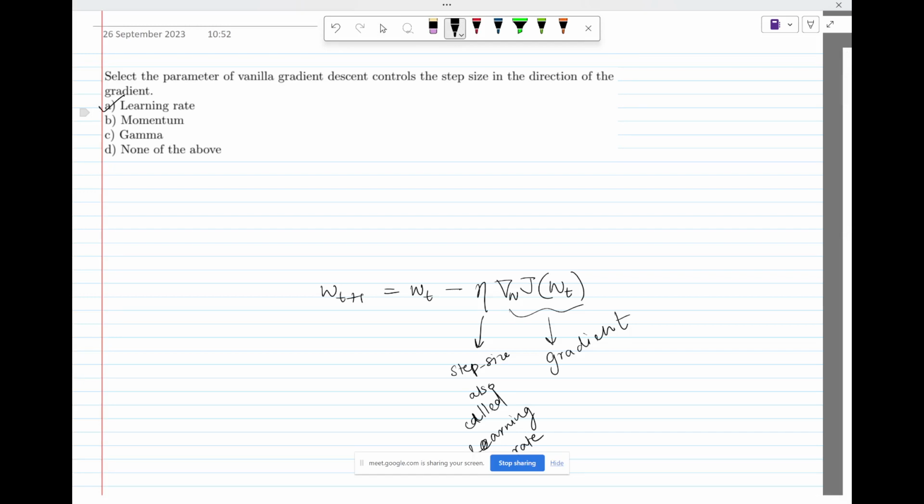Momentum is different. What we did in the momentum optimizer was look at the direction in which your past gradient happened.